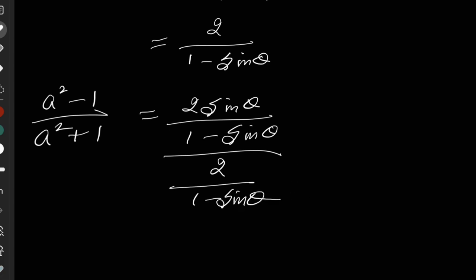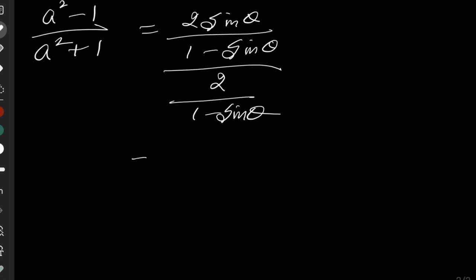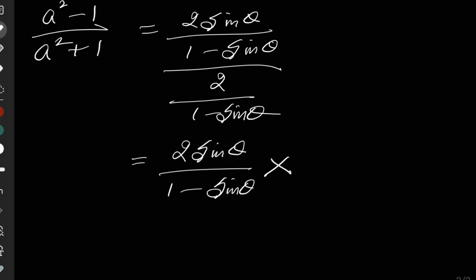So here one fraction divided by the other means write the numerator fraction as it is, 2 sin theta by 1 minus sin theta, put into and write the reciprocal of the denominator, 1 minus sin theta by 2.